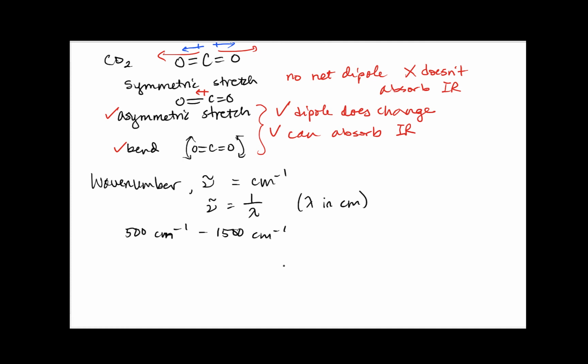So let's just take a moment and convert these energies into wavelengths just to see what kind of range we were in, since that last figure had wavelengths for the graph instead of wave numbers. So go ahead and pause the video and calculate what the wavelengths are in micrometers for these two different wave numbers.